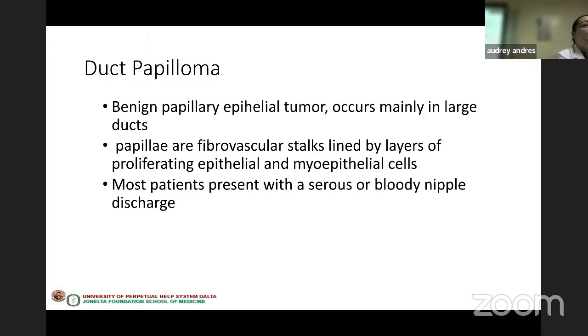It is a benign papillary epithelial tumor, which occurs mainly in large ducts. There are increased papillae with fibrovascular stalks lined by layers of proliferating epithelial and myoepithelial cells. Most patients present with a serous or bloody nipple discharge. So if you see serous bloody nipple discharge, think duct papilloma, unless otherwise proven.